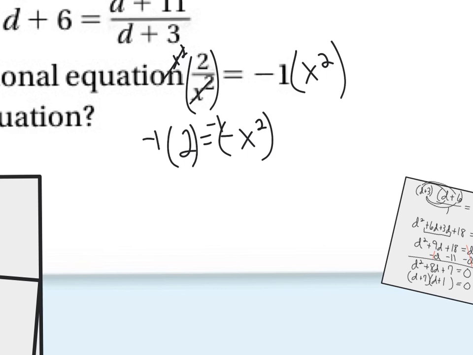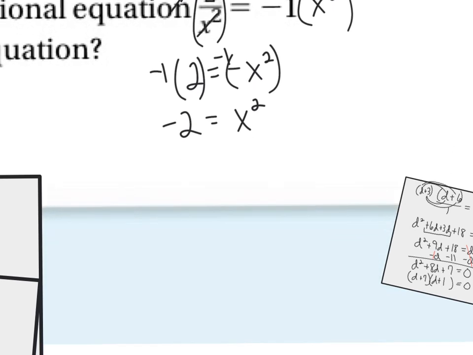One option, since it's the only term, is you could either just add x squared and subtract 2 on both sides, or you could just multiply both sides by negative 1. And then you could take the square root, plus or minus. And here's the problem: trying to take the square root of a negative number. So that tells us we have no real solution.